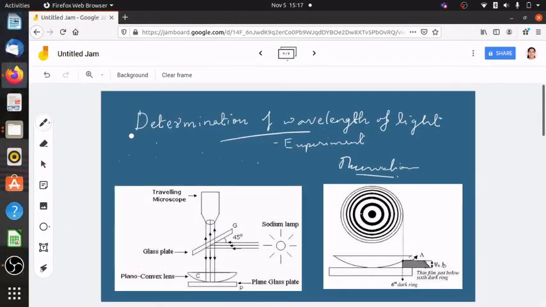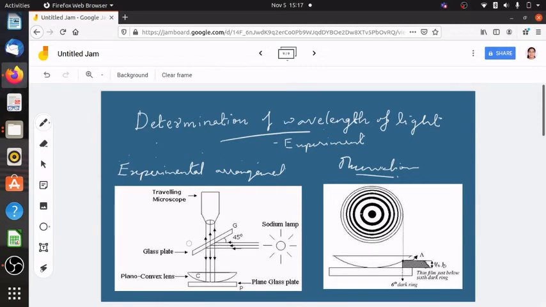Now let's discuss the experiment to determine the wavelength of monochromatic light. The experimental arrangement is like this. A monochromatic light, say a sodium lamp, is allowed to fall on the plane convex lens using a glass plate inclined at an angle of 45 degrees to the horizontal.